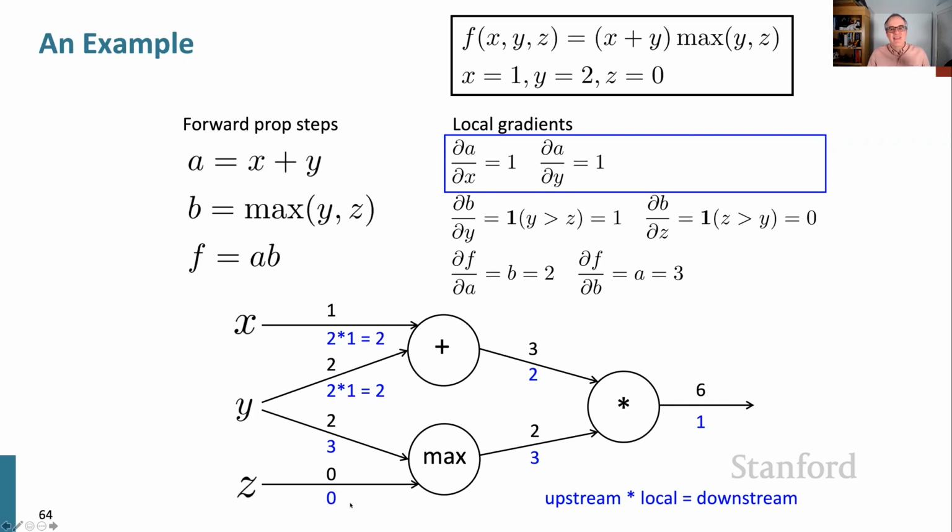So therefore the gradient there is 0. If I change the value of x a little, then that is going to have an effect, and it's going to affect the output by twice as much as the amount I change it.